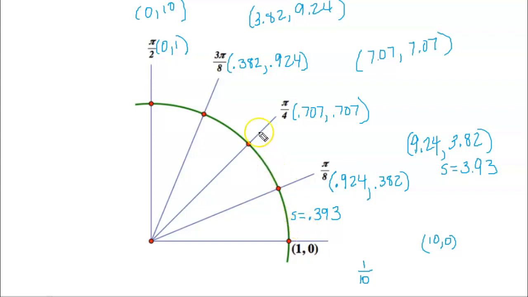So if we have 2 of them, we multiply by 2, which gives us 0.785. If we have 3 of them, we multiply by 3 and get 1.178. And if we have 4 of them, when we multiply by 4, we get 1.571. So we can find all of those arc lengths and all of those points using that same proportionality concept that we talked about yesterday.